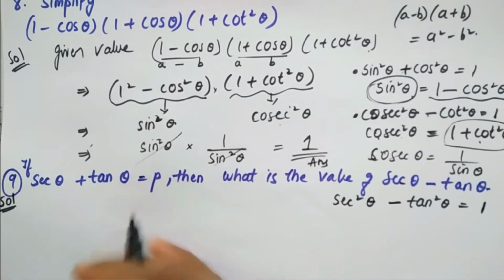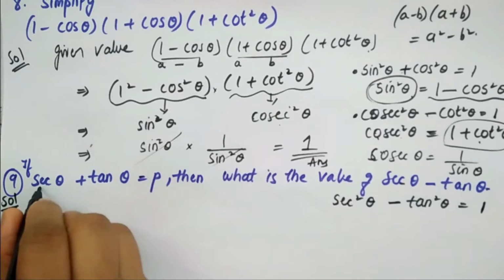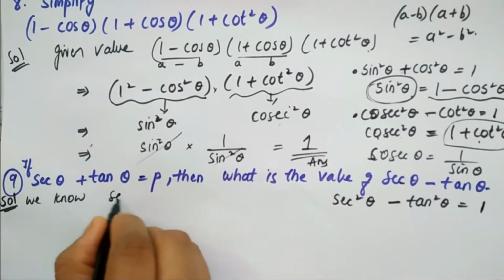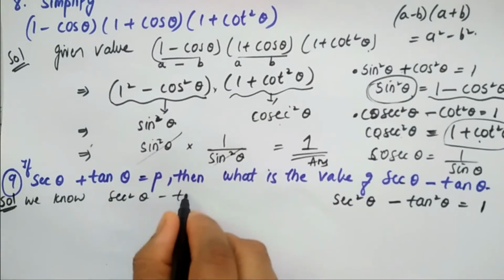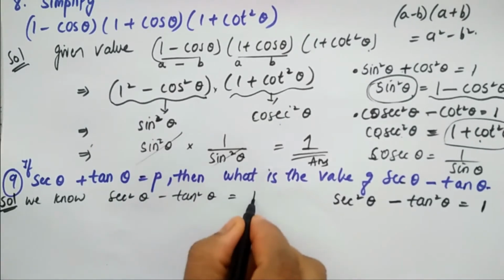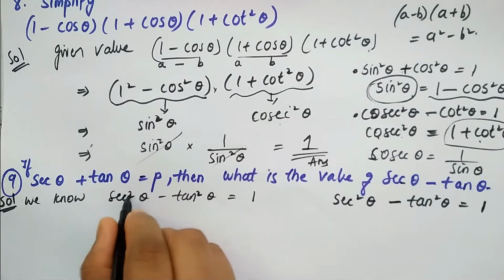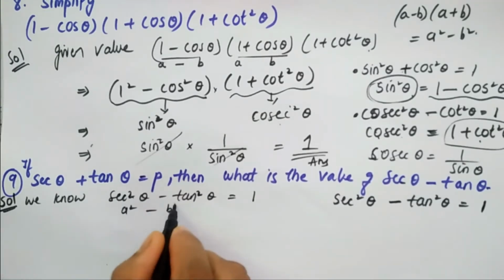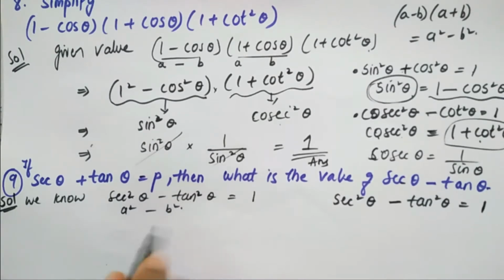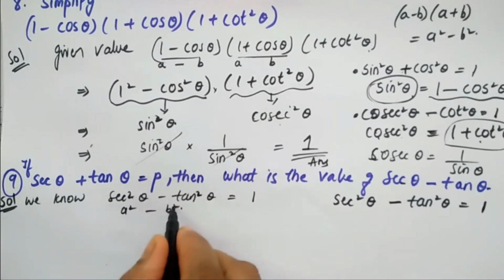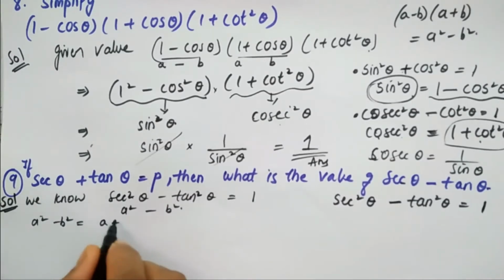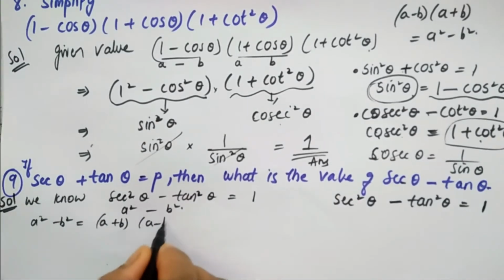Let's check the answer. Okay, so we know secant square theta minus tan square theta equals 1, right? Now what we see is a square minus b square, isn't that so? What is the identity for a square minus b square? It is a plus b into a minus b, right? So we will write the same thing here.